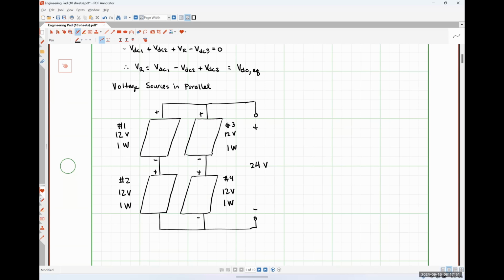So voltage sources in parallel are a very common practice in industry, particularly more now than ever because of all of the renewable energy sources being integrated into our utility grids across the country.